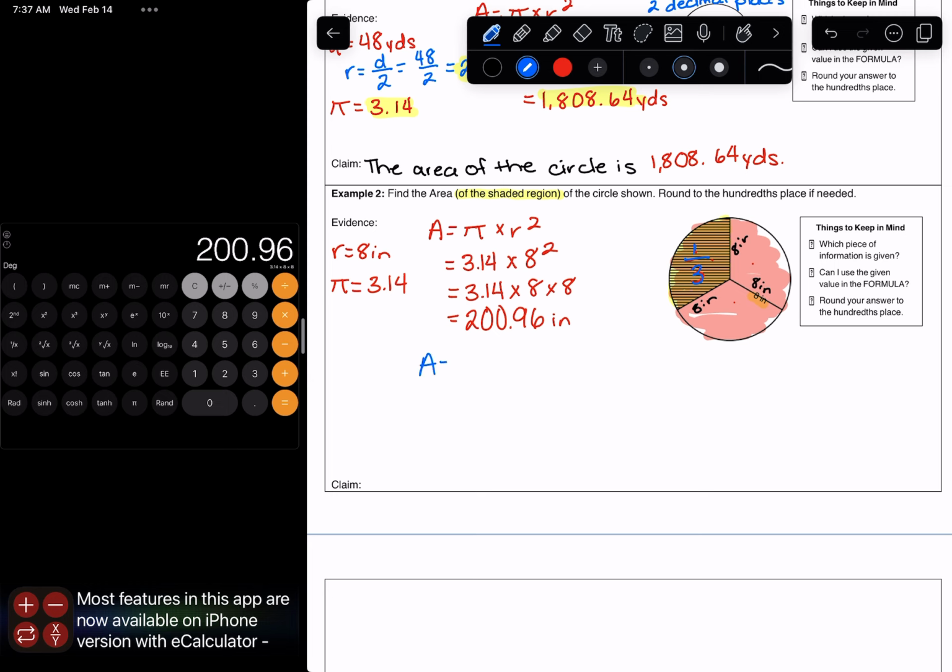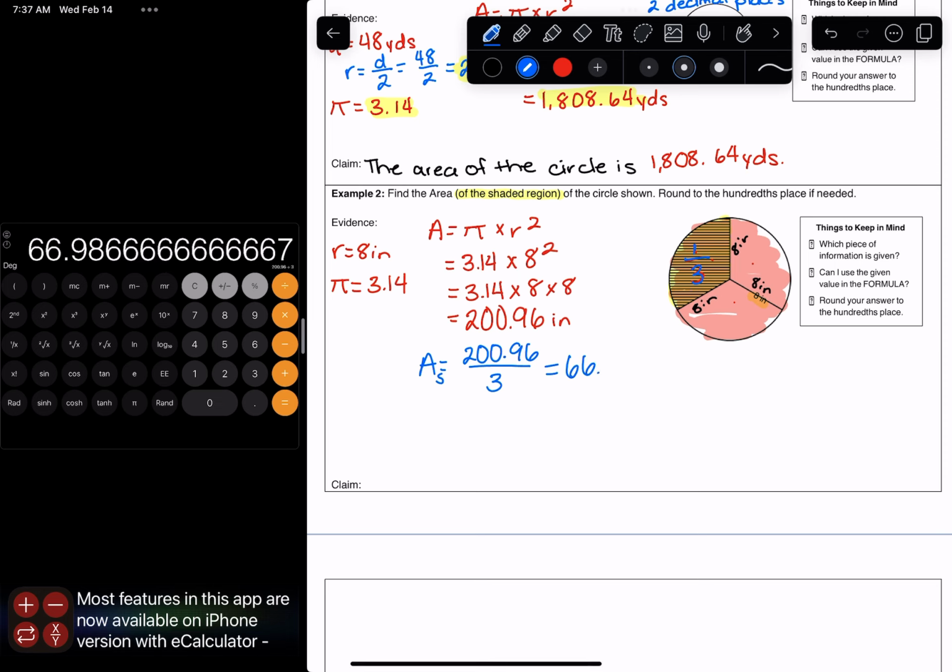So area of the shaded, I'm going to put S for shaded, is 1/3 of the whole area, 200.96 divided by 3. Okay, doing that in the calculator. Divided by 3, 66.98666666. It goes on forever.